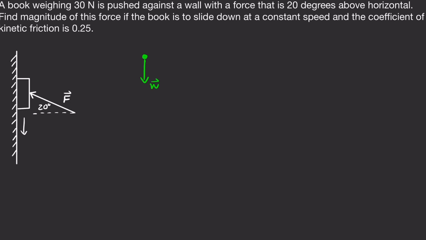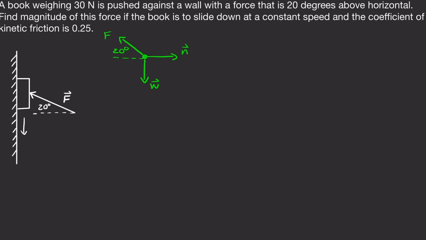This time it's being pushed against a wall, which has a vertical surface. So if we're pushing to the left, it's going to be pushing out to the right, perpendicular to the surface. Okay, our applied force is up and to the left at an angle of 20 degrees above the horizontal.